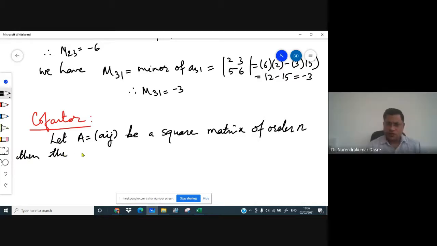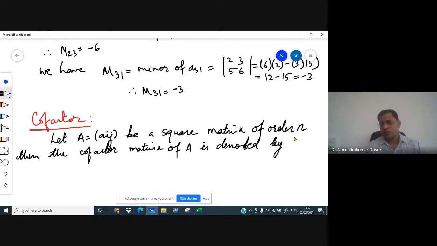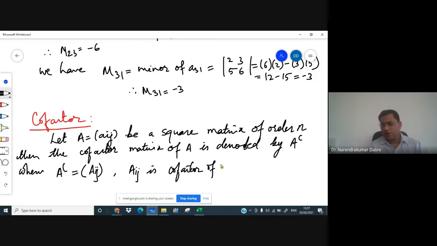Then the cofactor matrix of A is denoted by A cofactor, where A cofactor is equal to the matrix of capital Aij, where capital Aij is the element of the cofactor matrix, and it is the cofactor of small aij, and defined as.